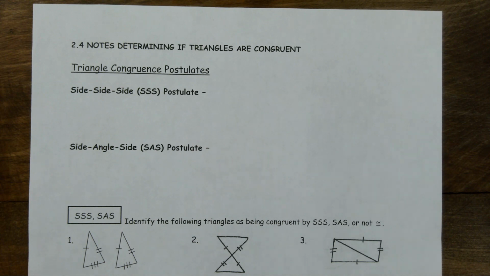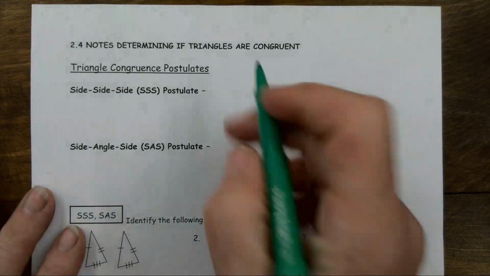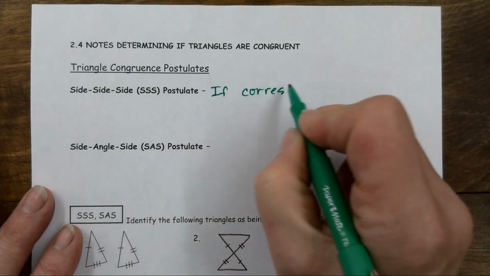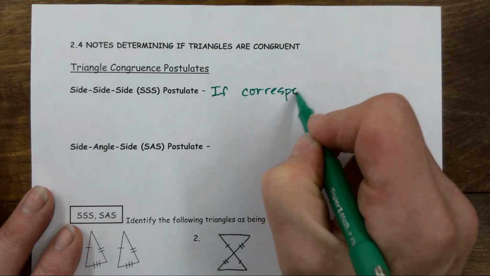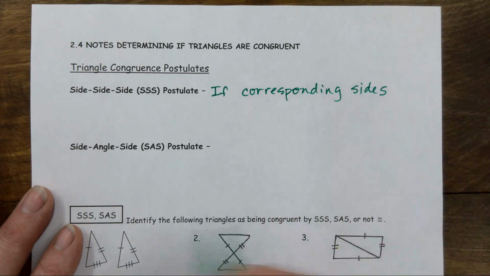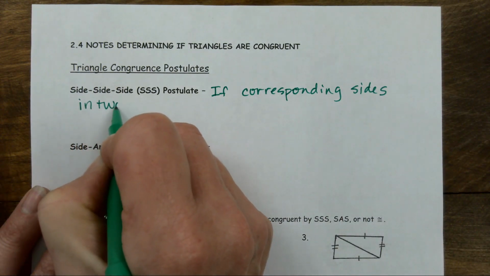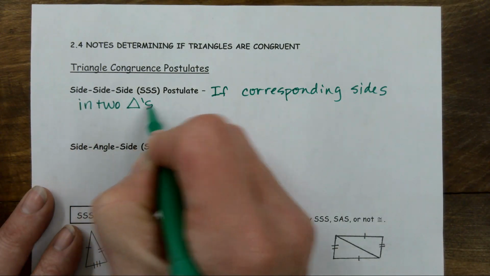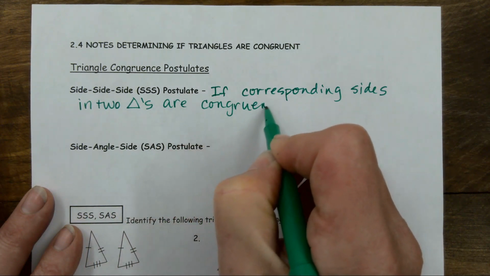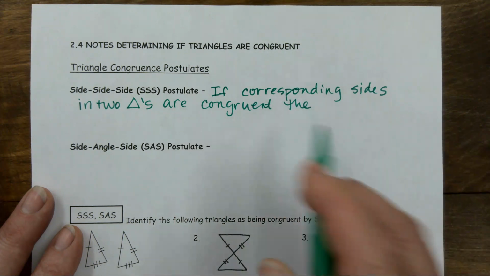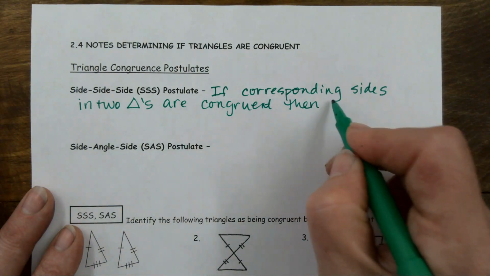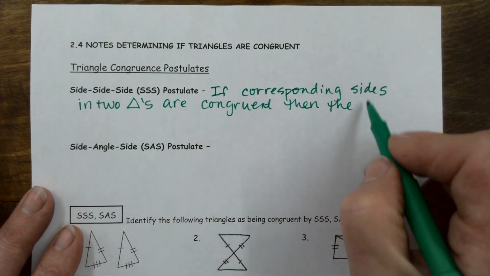It turns out that if corresponding sides in two triangles are congruent, then the triangles themselves are congruent.